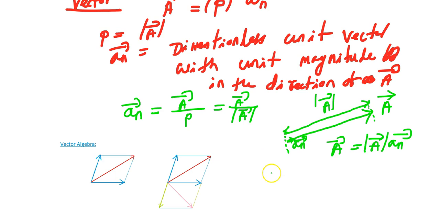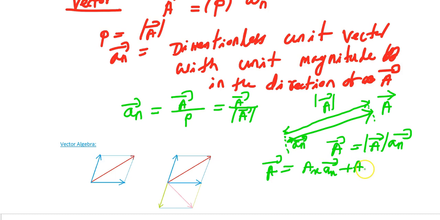In Cartesian coordinate systems, vectors can be represented as scalar A_x along the x-axis plus A_y along a_y plus A_z along a_z. That means this is the magnitude along the x-axis, A_x, this is the magnitude A_y along a_y, and this is the magnitude along a_z.